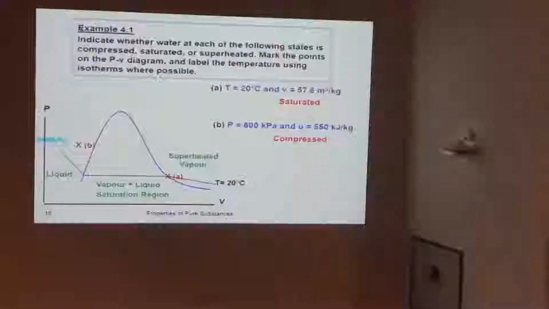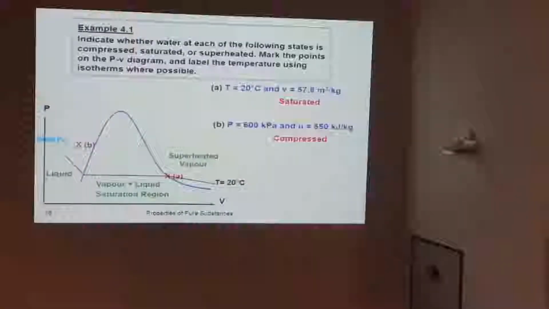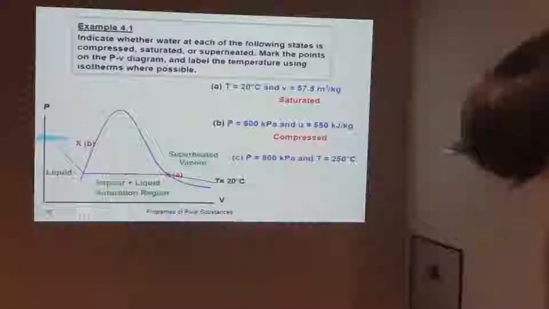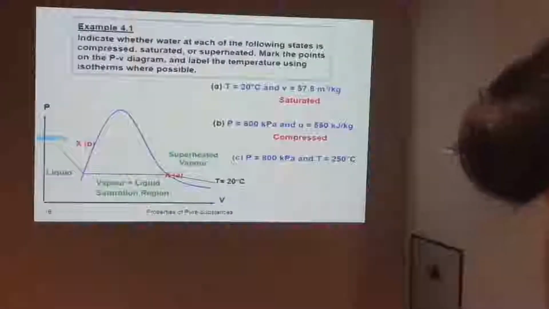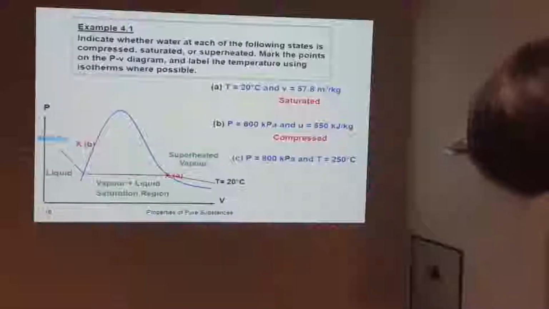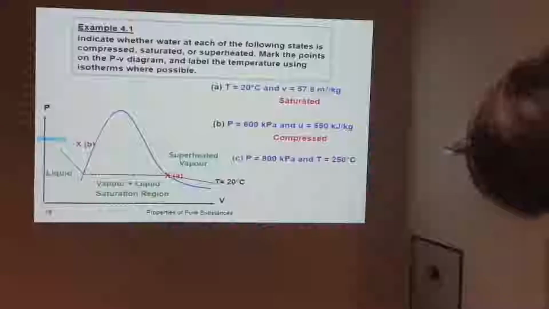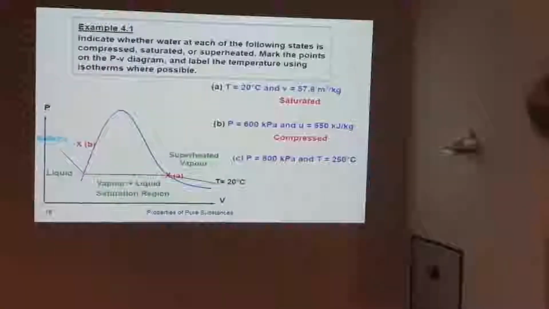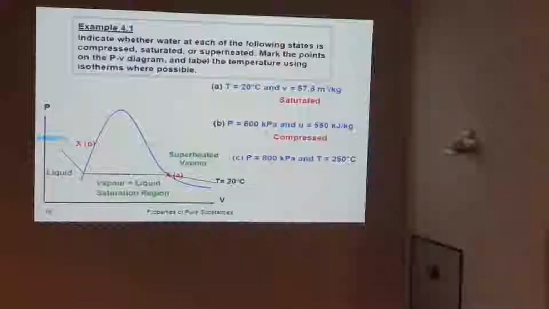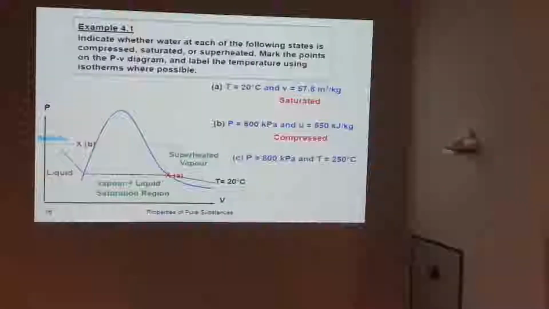Now it's 550, so it should be below. Okay? Now, next. Please tell me where should be the line, above or below? Above, because this is 800 kilopascal, right? So it should be above this, correct?